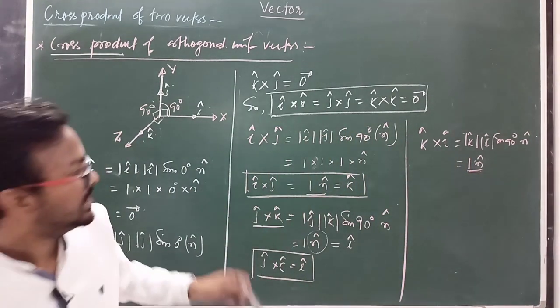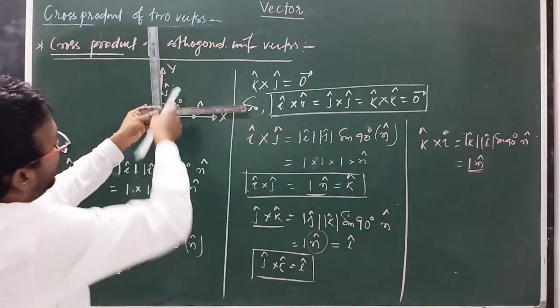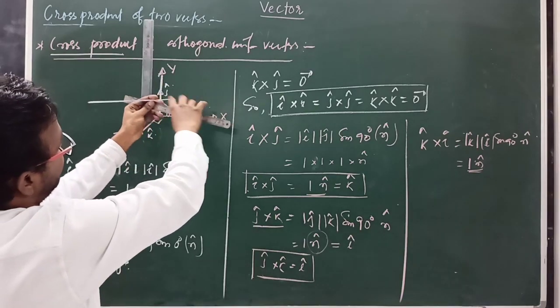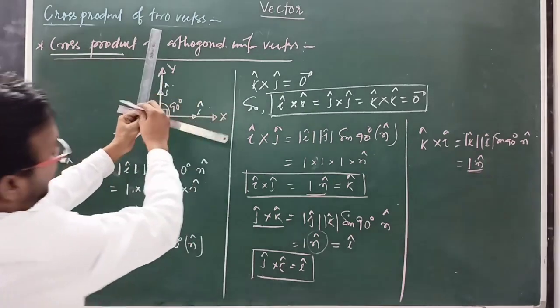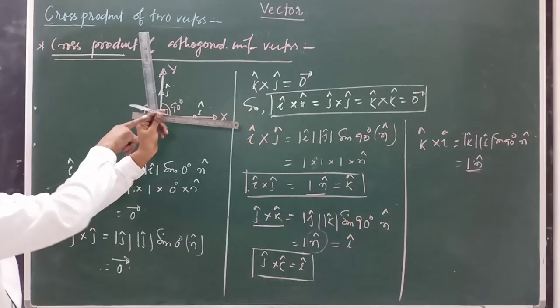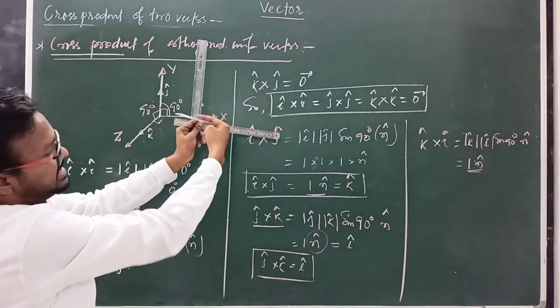So here also this diagram, x axis, this is y and the z axis is here. This is the direction of z. Clear? So in this case k cross i, here z axis, x axis, y axis.